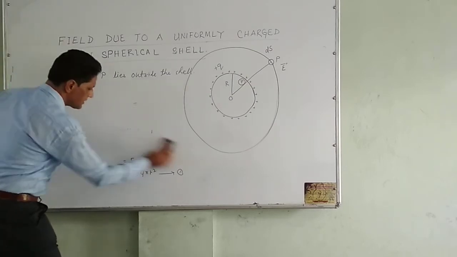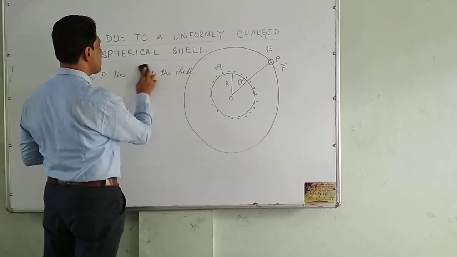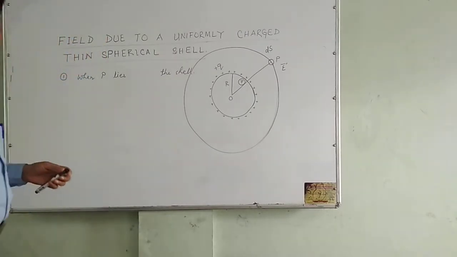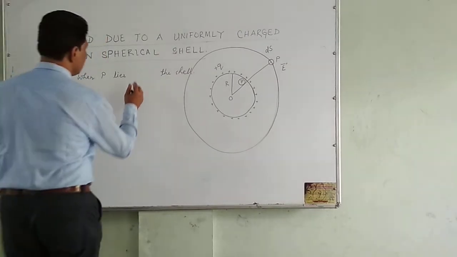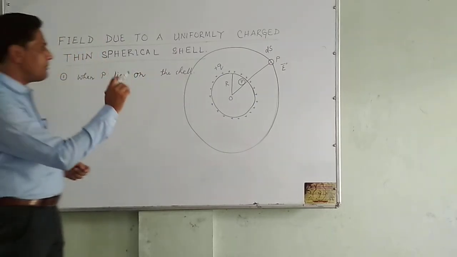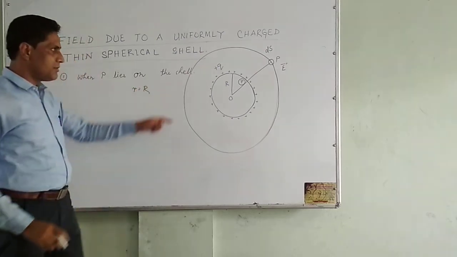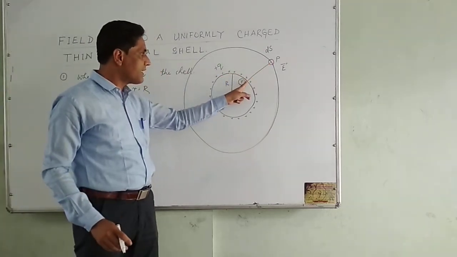Now the second case. What will happen if the point P lies on the shell? In this case, r will become R, because this is the point we have to consider here.